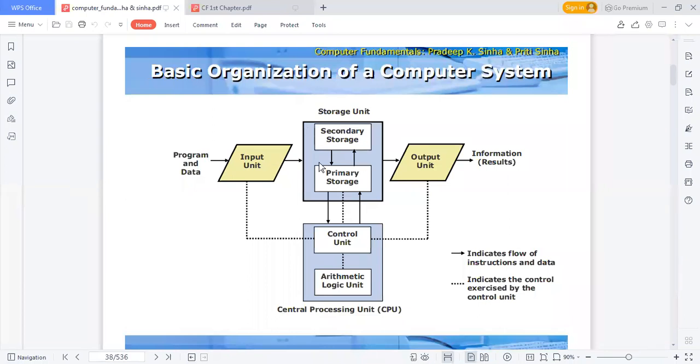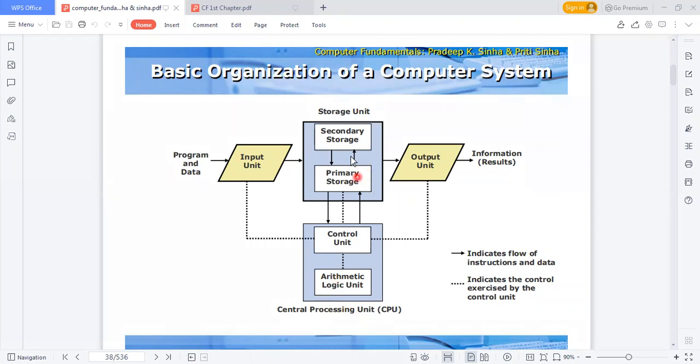Storage units are of two types, you must know: one is primary storage and the other is secondary storage. In either storage we can store this input data. Then the control unit uses the arithmetic logic unit. This whole is called the central processing unit. Remember it, central processing unit.